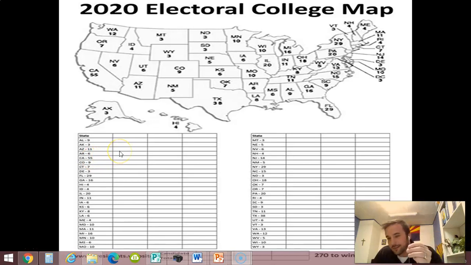Now, yes, you are going to have to do some mathematics, okay? I also generally just outline California in green so I know that that's my state, right? And then maybe your auntie, if she's thinking, she'll pick Texas. So there's TX, and she's pink, so I'll put in pink here, and then 38.